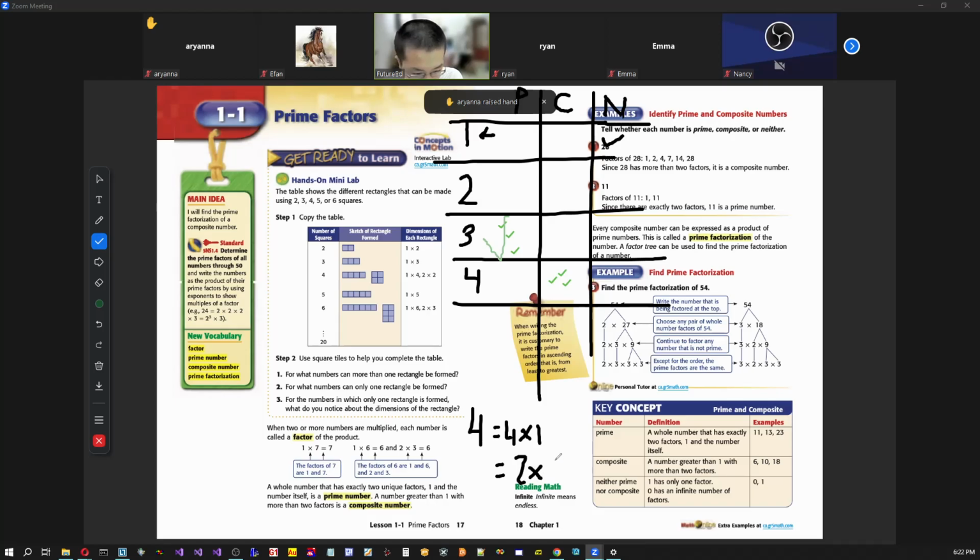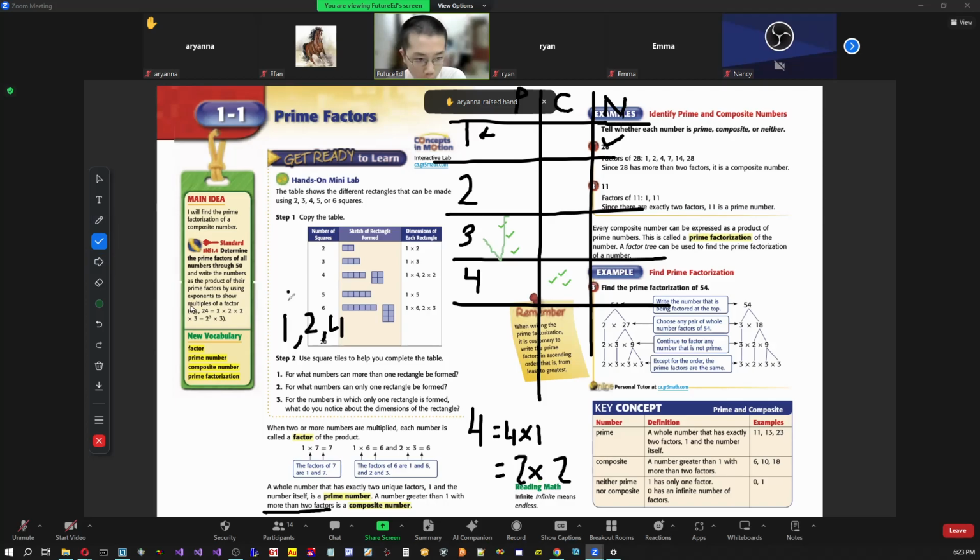And we see that a number greater than 1 with more than 2 factors is a composite number. So if we look at the factors of 4, we have 1, right? 1 divides every number. We also have 2, and then we also have 4. How many numbers are there? We have 1, 2, 3. There are 3 numbers here, right?